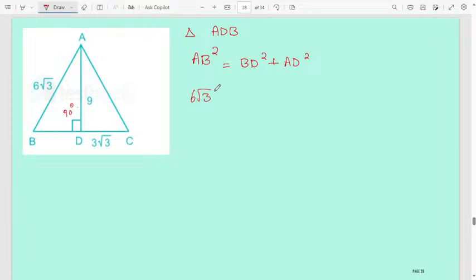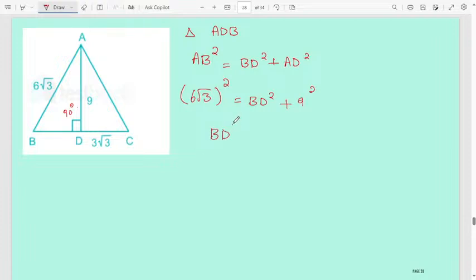What is the value of AB? 6 root 3 whole square. Then BD square, we don't know the BD value, we have to calculate it. Then AD is 9, they have given, so 9 square.